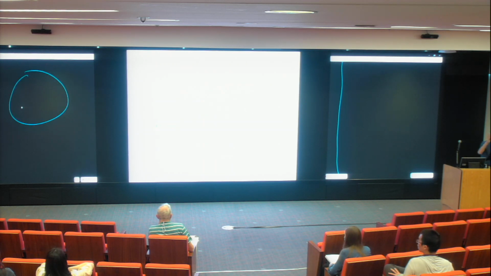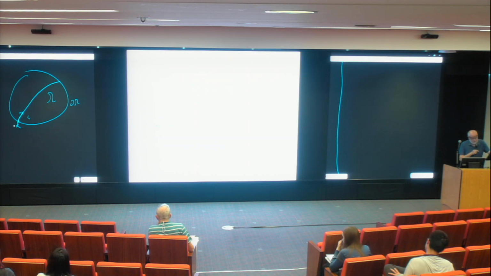So again, we go to phase space. You have a point x here on the boundary. This is omega or M, the boundary, and you have a direction. You consider the geodesic starting at that point with that direction. There is a unique geodesic.